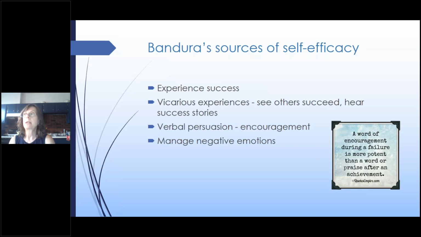So, Bandura's sources of self-efficacy. What he came up with was experience success. You want to have students acknowledge and recognize their success. For example, some teachers use a student log for each student to complete at the end of class, indicating the work that they completed.